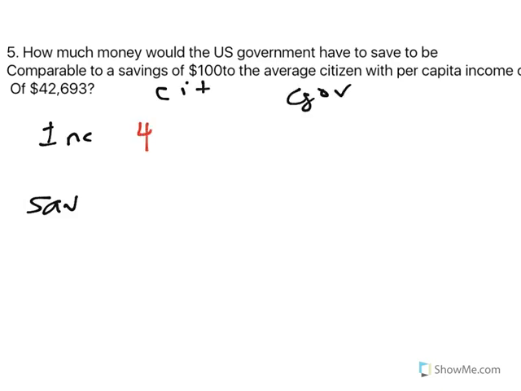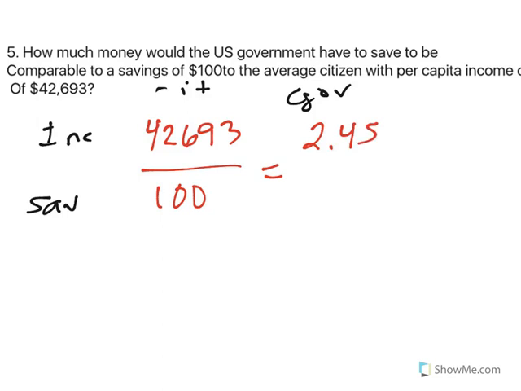This citizen has an income of $42,693, and they're saving $100. Now, the government receives $2.45 trillion. How much will they have to save? I'm going to say my answer for right now is going to be in trillion. I'll play with it in a second.